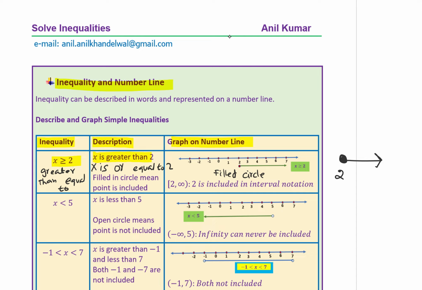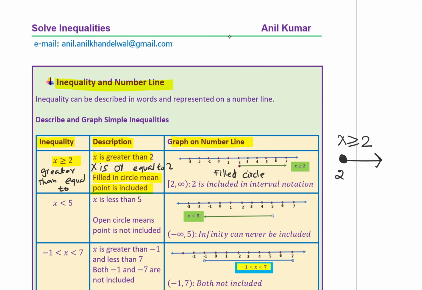That is what we are saying: x is greater than or equal to 2. The filled in circle means that the point is included in our solution set.